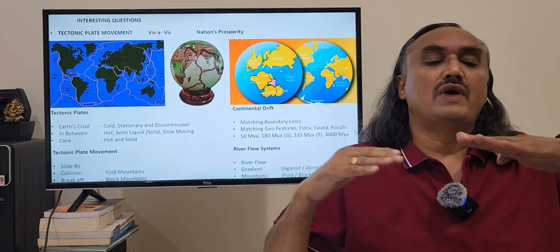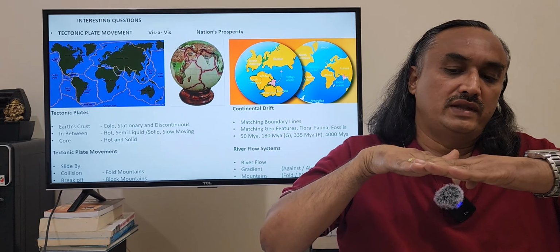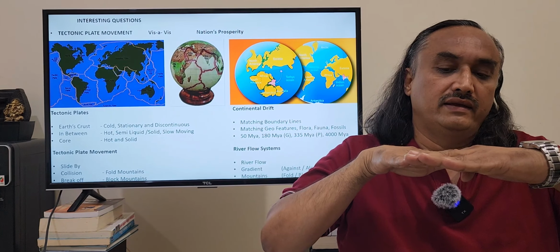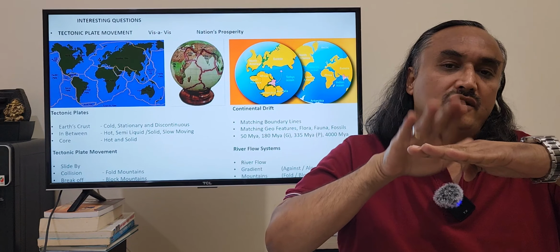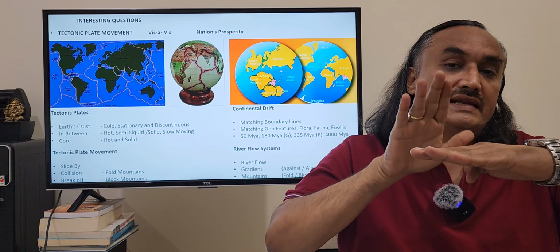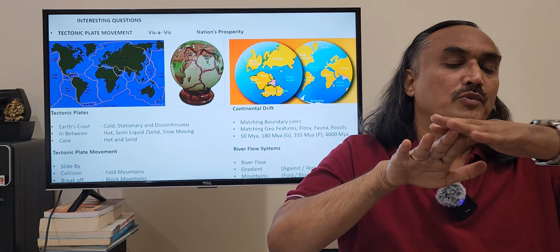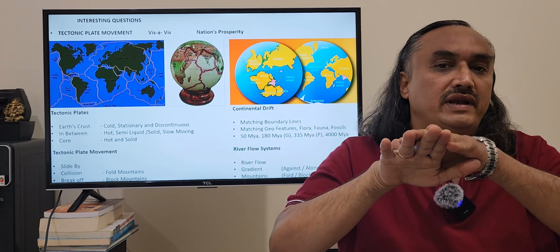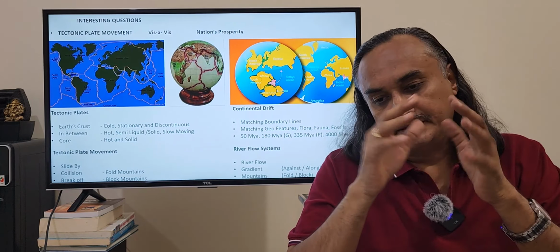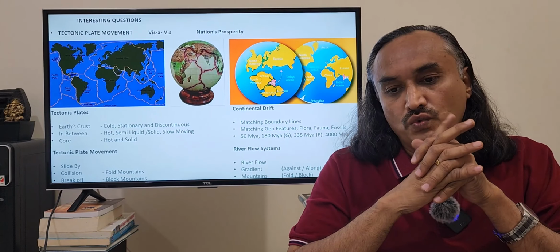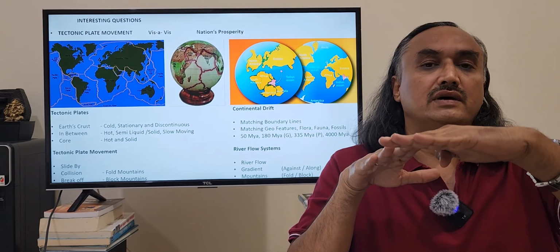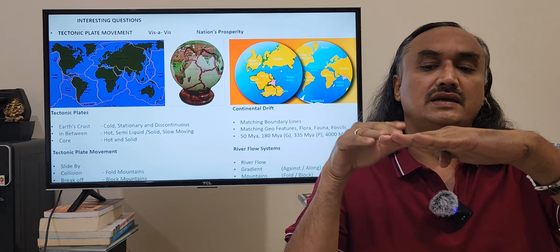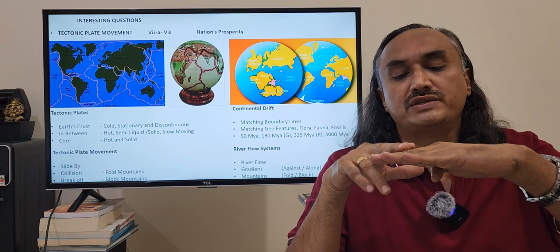So obviously, when you have the Eurasian plate and the Indian plate is coming and colliding, the Indian plate obviously gets lifted. When it is lifted, there is a slope created, there is a gradient, and the rivers will flow along the gradient. So we need to understand that when there is a head-on collision, the gradient is against the direction of the collision.